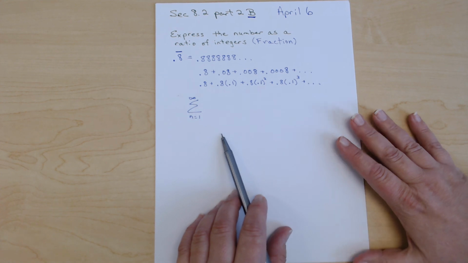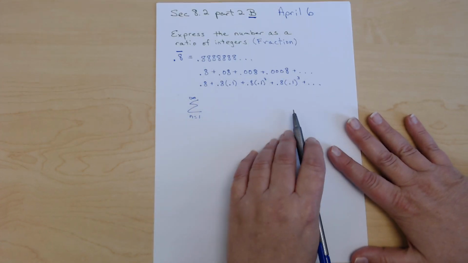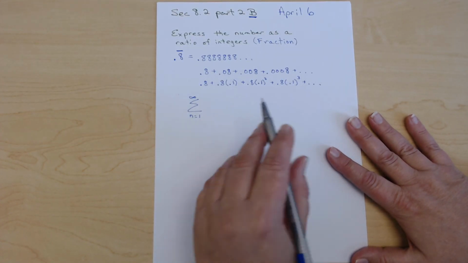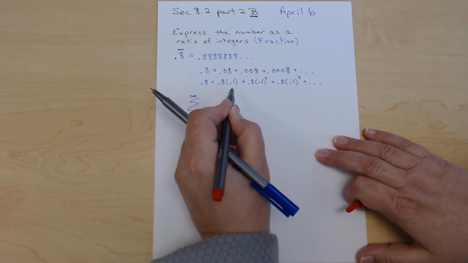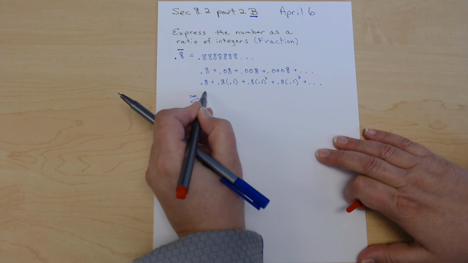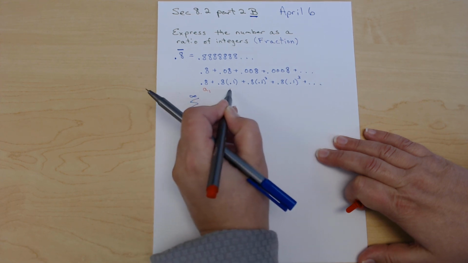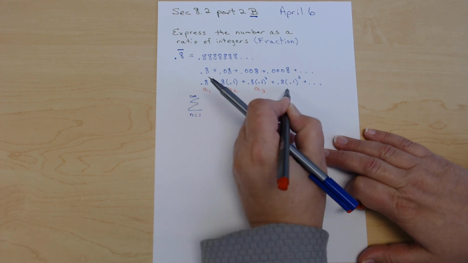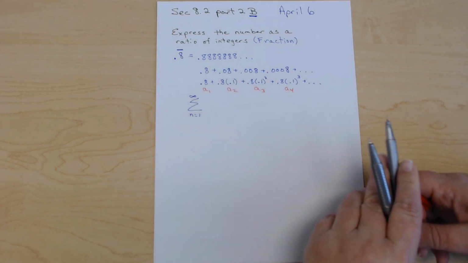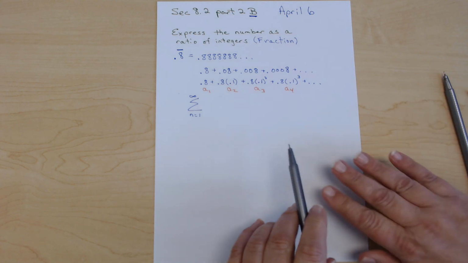Let's make sure it stays focused. Okay, so what else do we want to do? Okay, so let's do this guy. This is a sub 1, this is a sub 2, this is a sub 3, this is a sub 4. Okay, so what's the relationship?